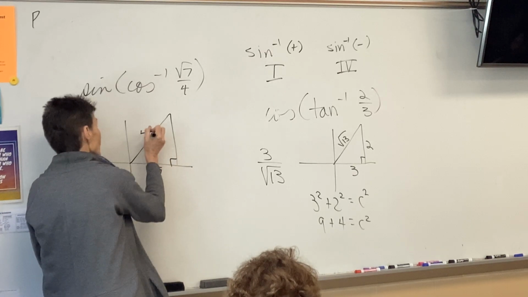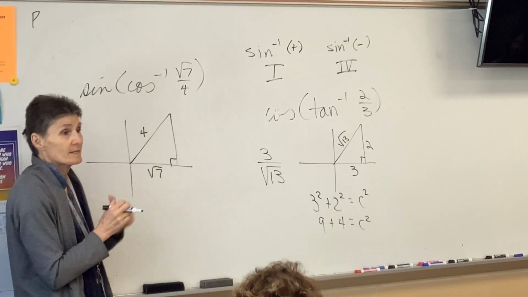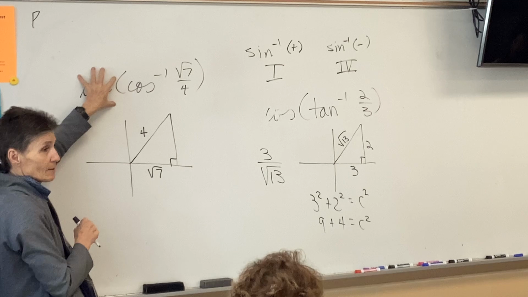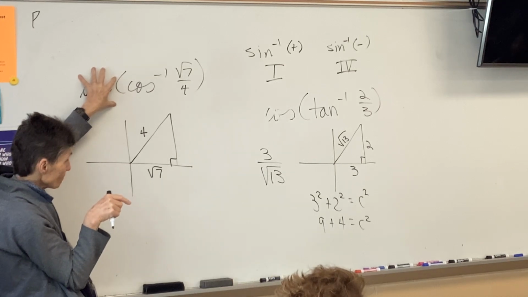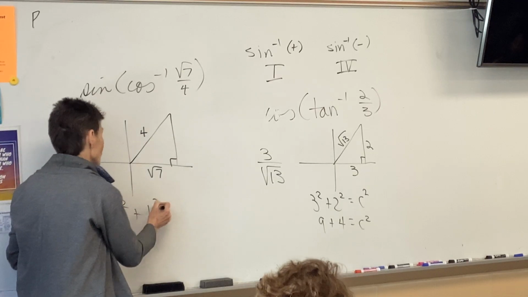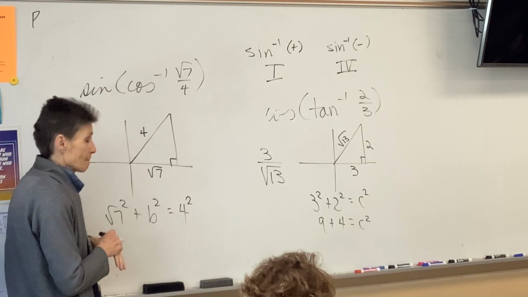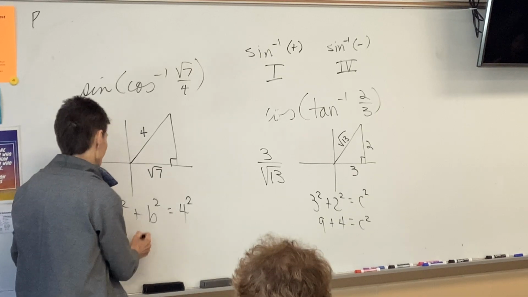Adjacent over hypotenuse, cosine, adjacent over hypotenuse. Remember, I'm looking inside the parentheses. So now what? So √7 squared plus b squared equals 4 squared. What's √7 squared? 7.